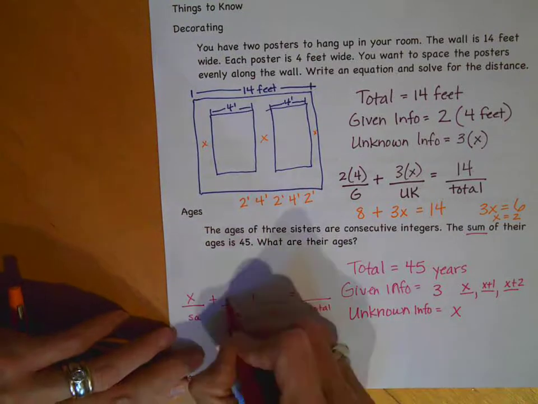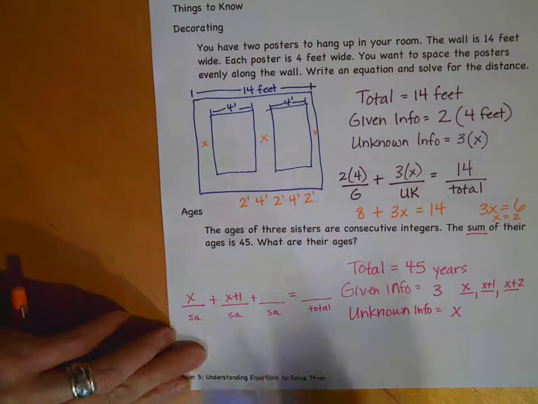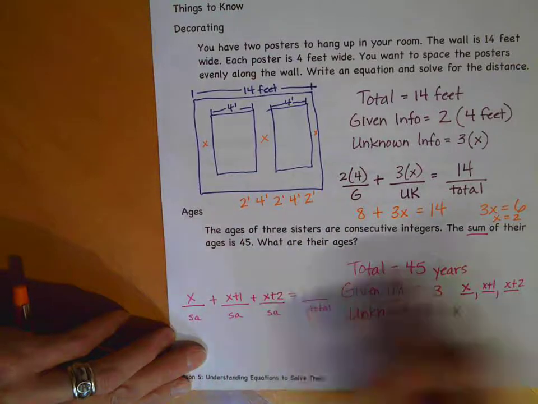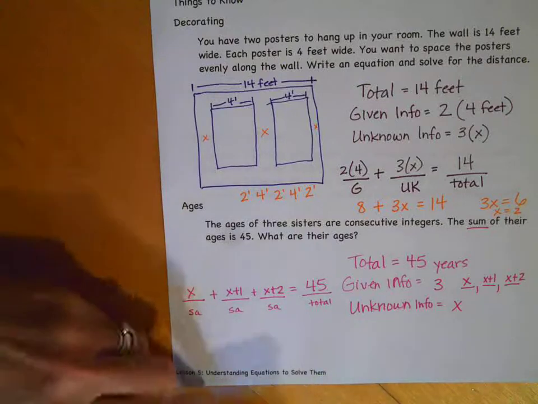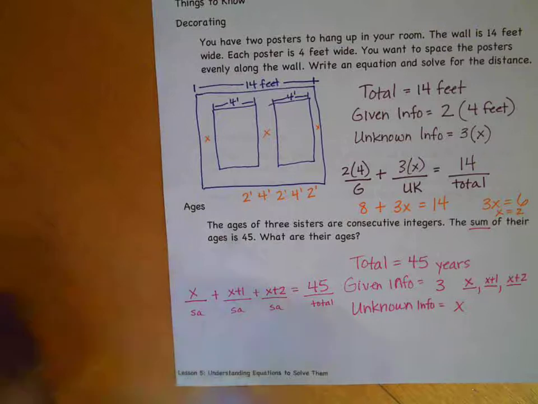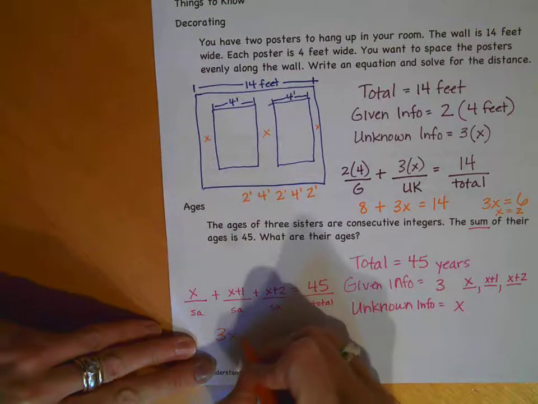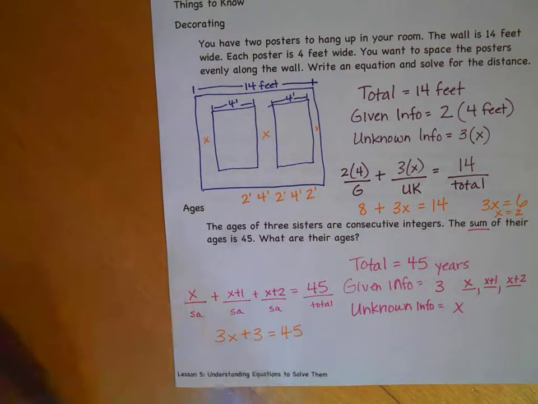So let's say this sister is X. Well, the sister right after her would have to be X plus 1 because that's the next number. And this one would have to be X plus 2. And then what was our total? 45. And now all you have to do is combine like terms. So I see 3 X's. And I see 1 plus 2 equals 3. So 3X plus 3 equals 45.